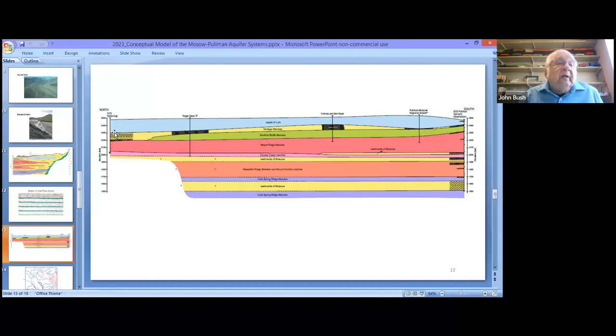What's amazing is the contacts identified there using basalt chip chemistry. This little Grouse Creek flow, the top of that flow, is at nearly the same elevation down to the south at the Pullman test well, amazing horizontal contacts.